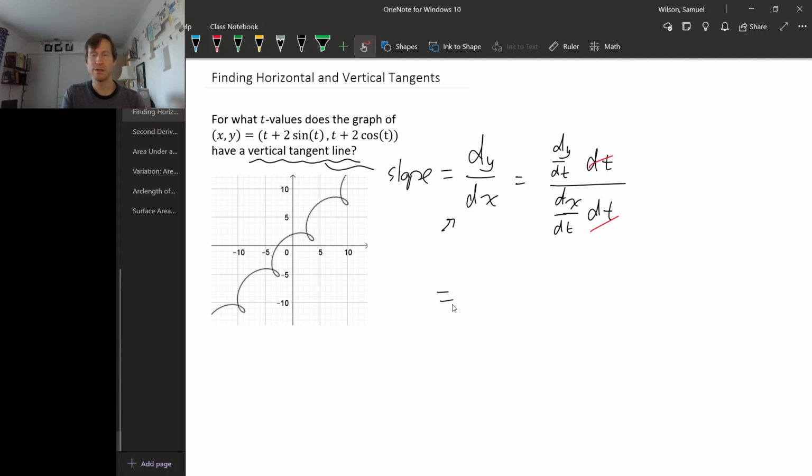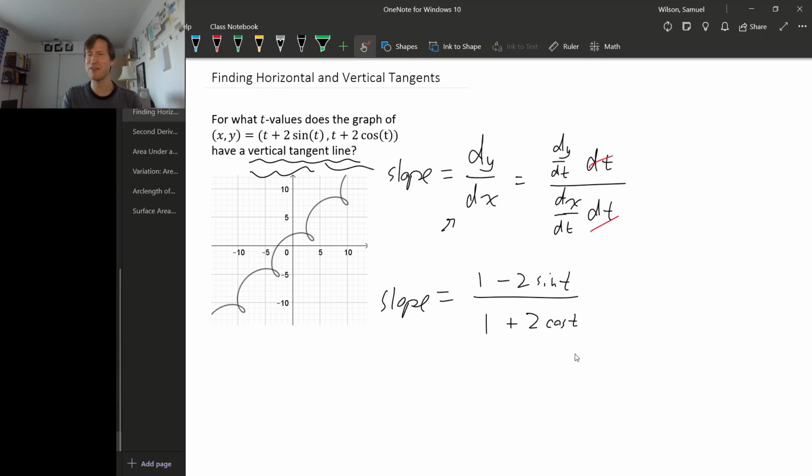So let's calculate these. So dy/dt is 1 minus 2 sine t, and dx/dt is 1 plus 2 cosine t. Okay, so here's the slope of the tangent line. To find a vertical tangent line, this slope must be undefined, right?